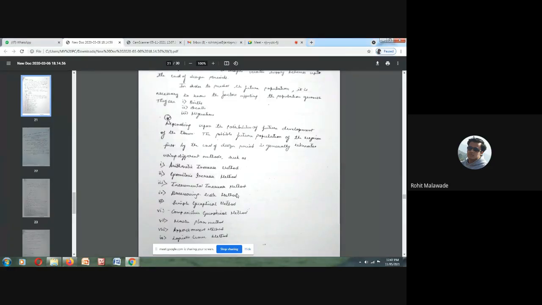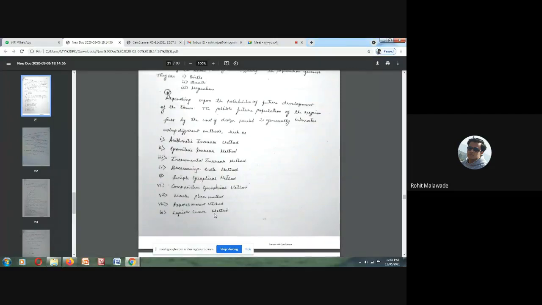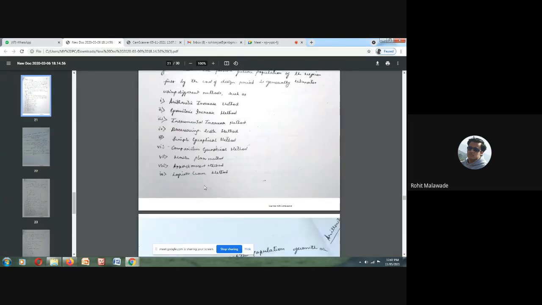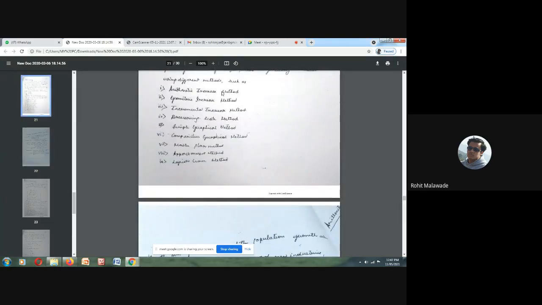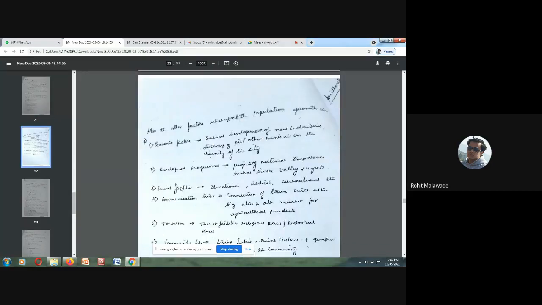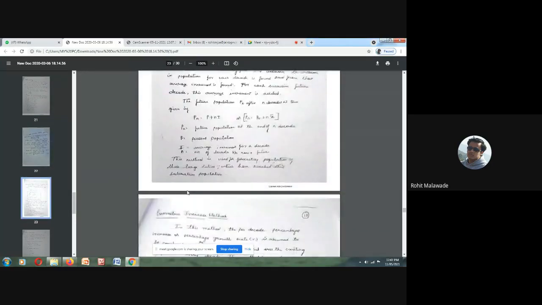These are the different methods used in population forecasting, but the problems we normally get are on these five methods. The remaining one, we will just see what it is.